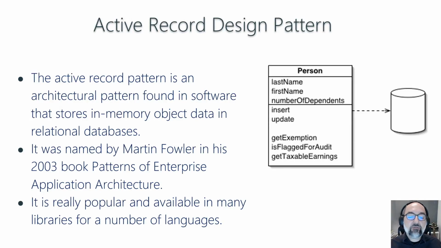It was named by Martin Fowler in his 2003 book, Patterns of Enterprise Application Architecture, the red and black book from Martin Fowler, which is 20 years old, but it's really worth reading. And it is really popular and available in many libraries for a number of languages. Many people know the active record design pattern just because of Ruby on Rails, and it is a shame because it's a very general design pattern.